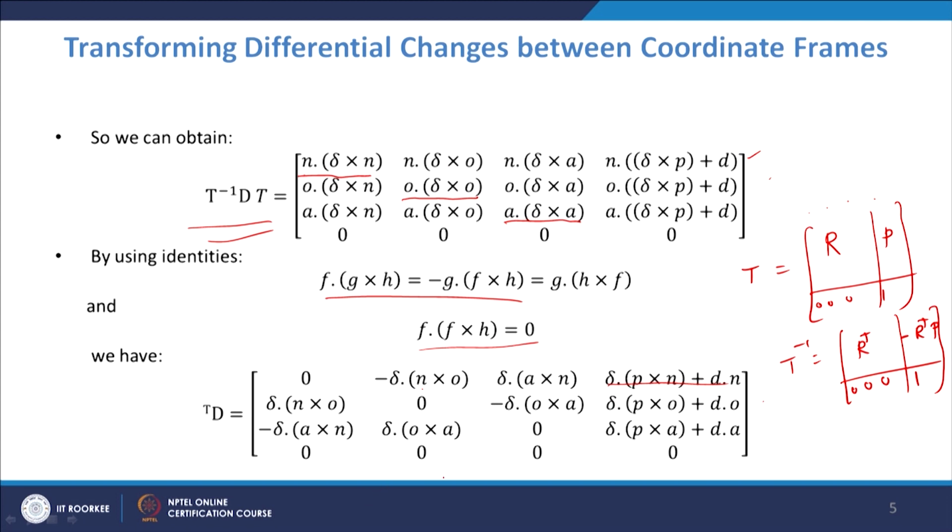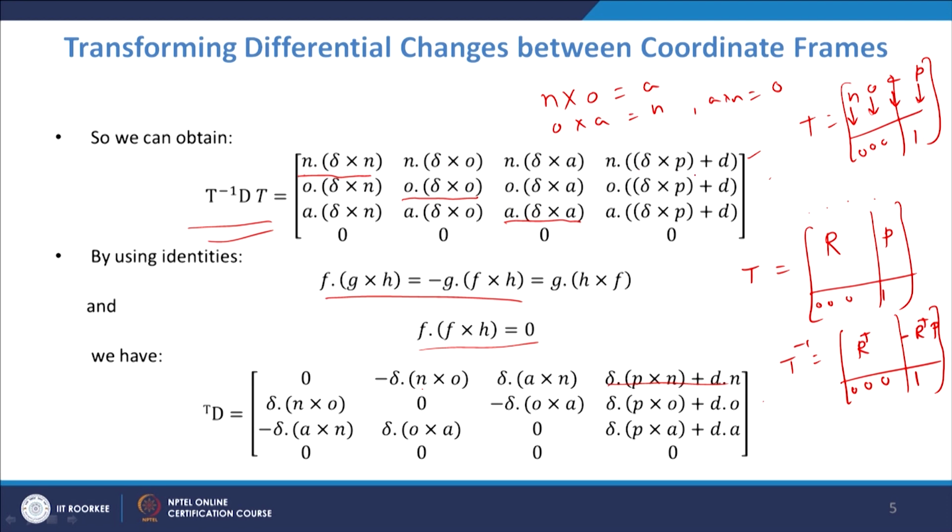Now, again observing, n, o, a are unit vectors, and their dot products are 0, they are orthogonal to each other. That is the property of the homogeneous transformation. So, we can easily see that n, o, a are mutually perpendicular vectors. So, we can get that n cross o will be the a vector, o cross a will be the n vector, and a cross n will be the o vector.